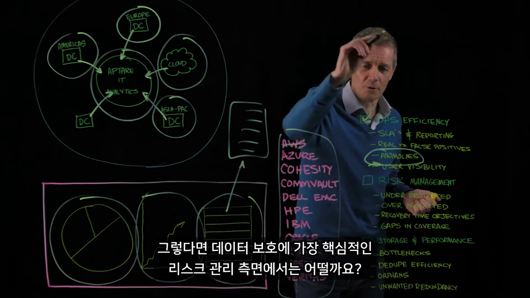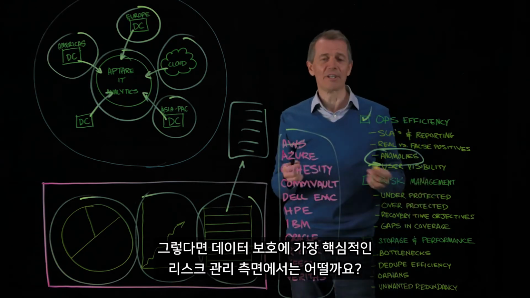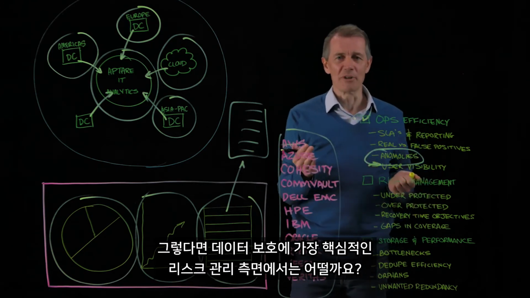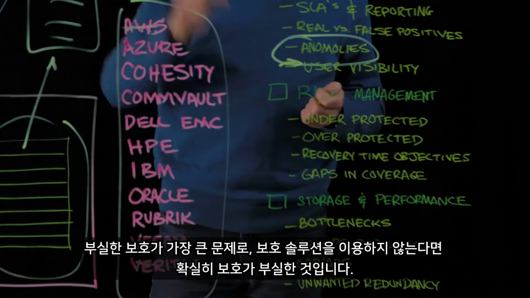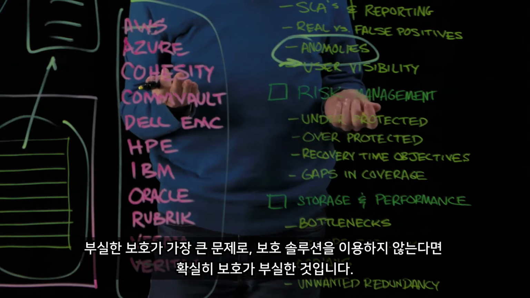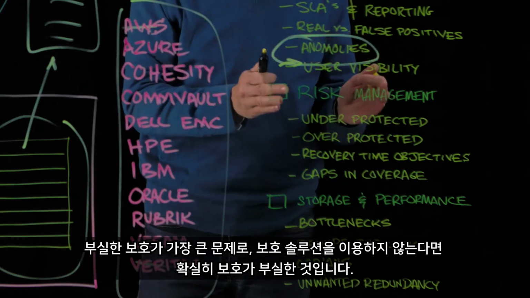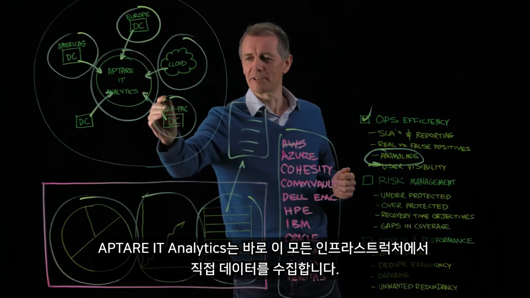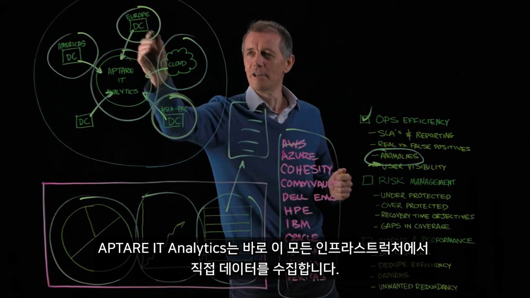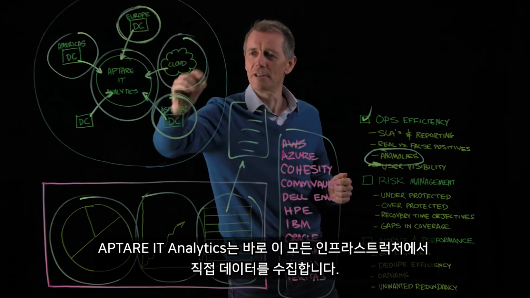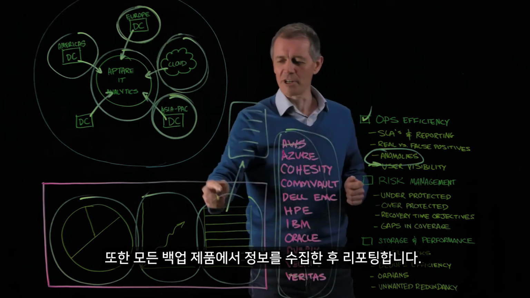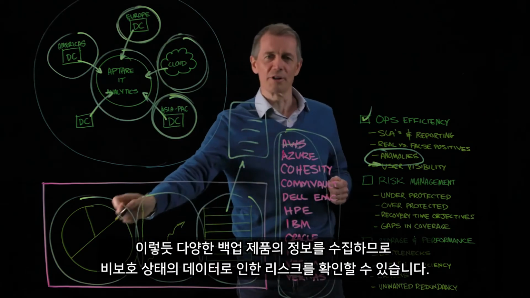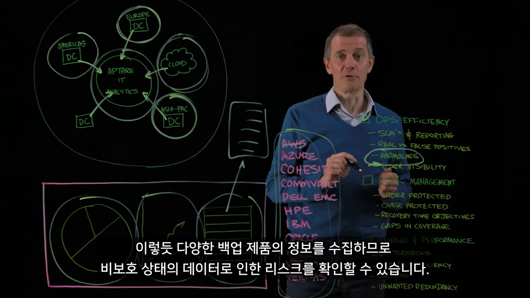All right, so what about risk management? That's a very key topic for data protection. Underprotection is probably top of the list. You could be underprotected by not having any protection at all. And because we collect directly from all of the infrastructure, and we collect from all of your backup products, we can show you information and reporting that is not just through the lens of your backup product.